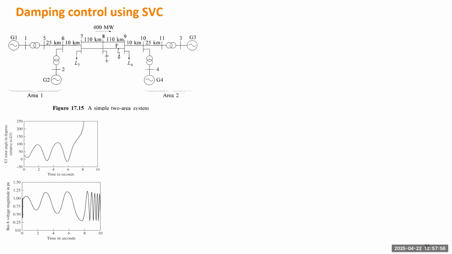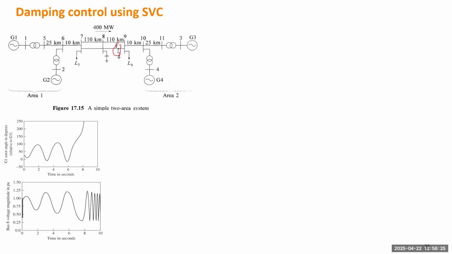The last slide of small signal stability implements this idea for controlling the damping of the two-area system. This system is going to be utilized for the project. We'll also use the same system to do a number of tasks. For this system, if there's any fault at this location near bus number 9, a short circuit, then the line can be tripped.